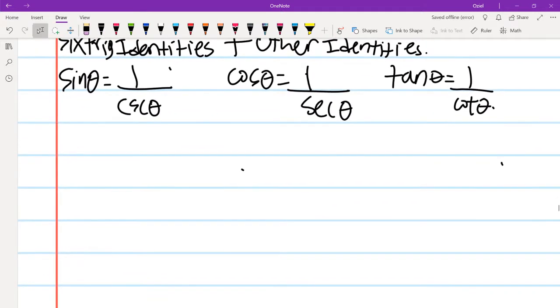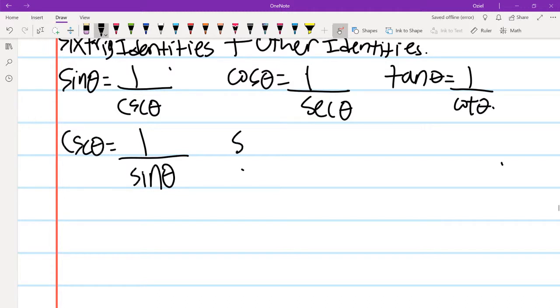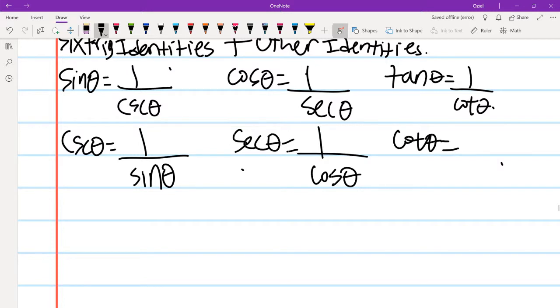So we would say cosecant of theta equals 1 over sine of theta, and then secant of theta equals 1 over cosine of theta, and then cotangent of theta equals 1 over tangent of theta.